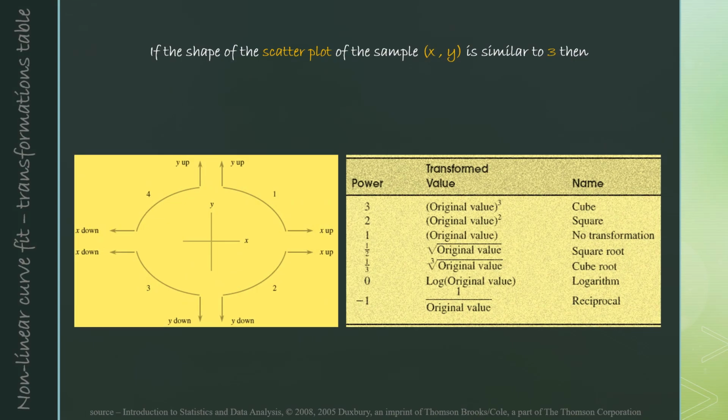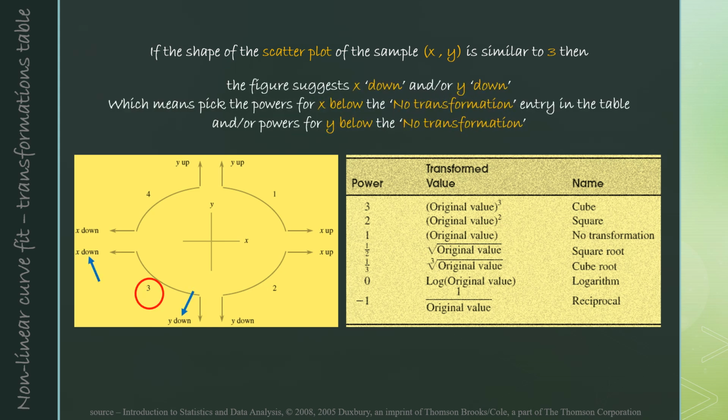If the shape of the scatter plot of the sample xy is similar to 3, then the figure suggests x down and or y down, which means pick the powers for x below the no transformation entry in the table and or powers for y below the no transformation entry.